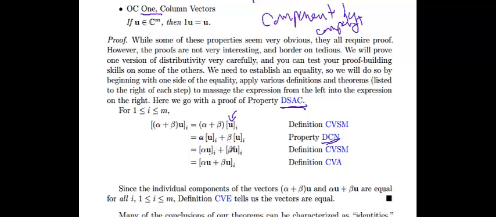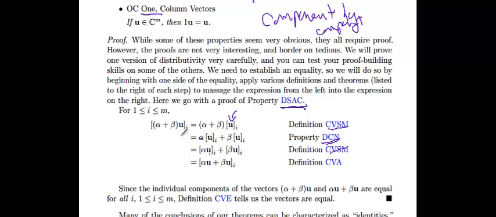The definition of the ith component of beta u is beta times the ith component of u. So you can read back and look at these definitions and see what he's applying here. Now the definition of the ith component of the sum of two vectors is the sum of the two ith components.